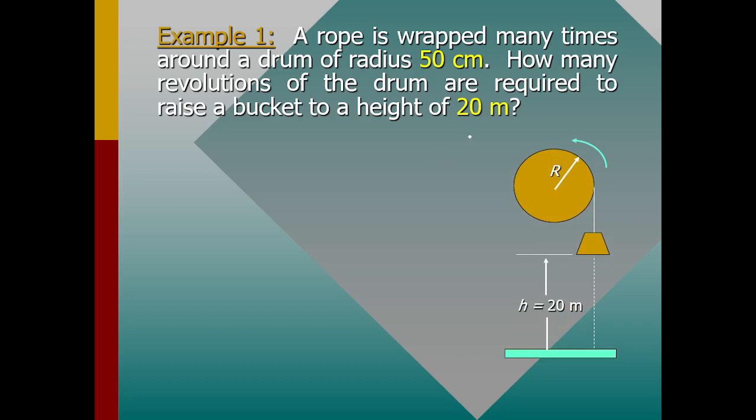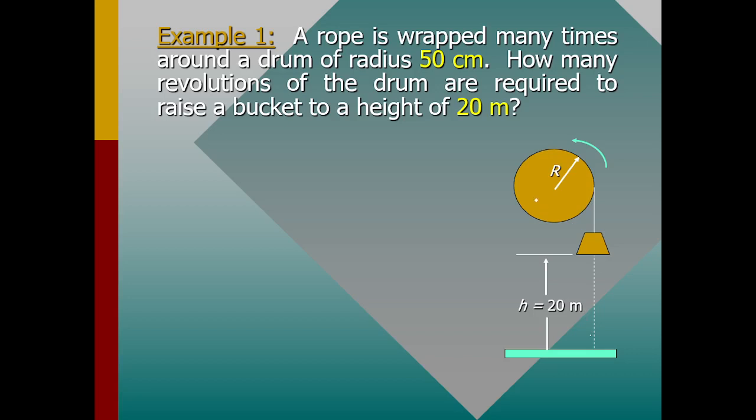So from this question, the first thing we are going to find is the theta, the angular displacement, whereby we are going to treat this height as the arc length, since for this bucket to move from down there up 20 meters, the rope which is forming the arc length has also moved 20 meters.